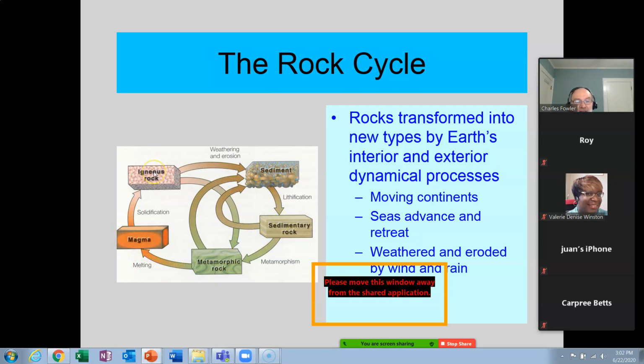It's back to being igneous rock. That's the rock cycle, with many little subcycles. Okay, they can go around and around and around. So a rock during its lifetime, if rocks could talk, boy, it'd be interesting to hear what they once were.